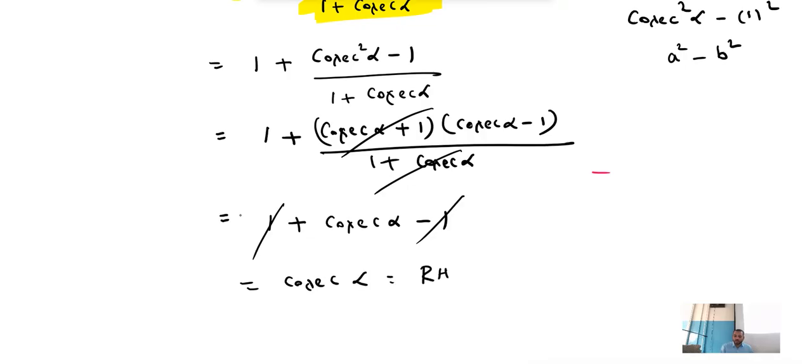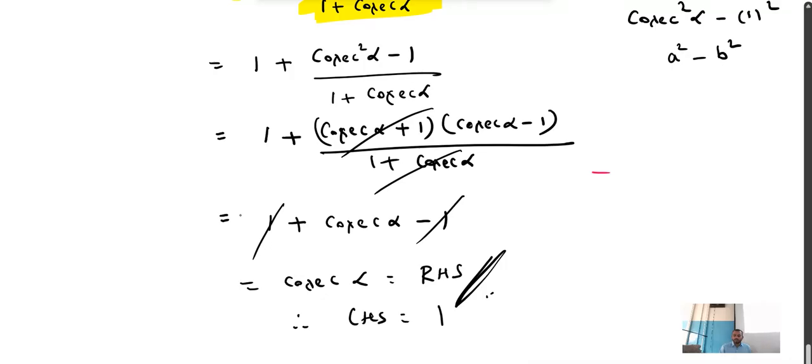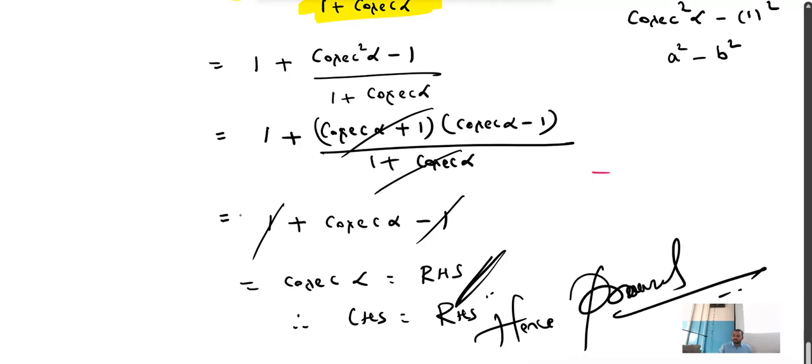Now that is our RHS. Therefore, LHS is equal to RHS. Hence proved. Understood? Good. Next question.